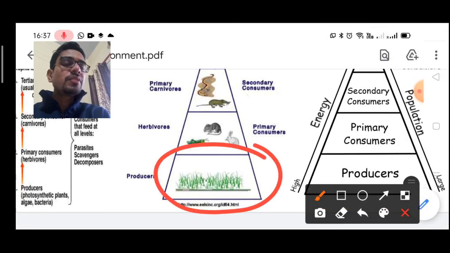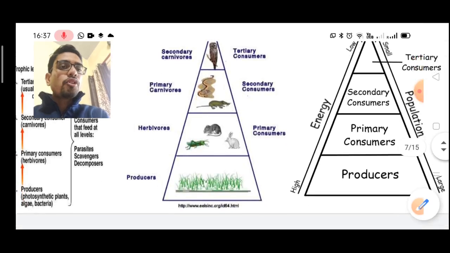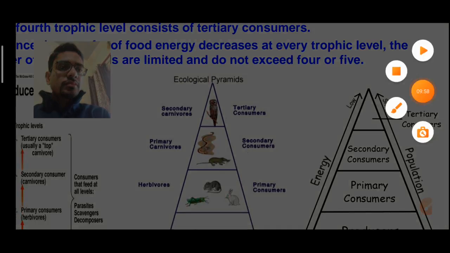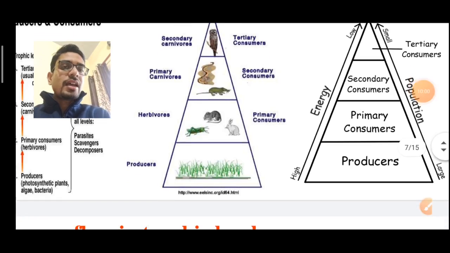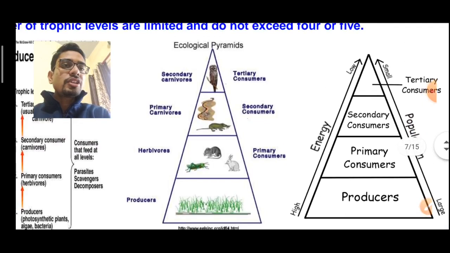And in easy words you can say that energy goes on decreasing as we move from low trophic level to high trophic level. So plants at the lowest level have the highest energy, and secondary or tertiary consumers have lower energy. That's why we represent it by a triangle.